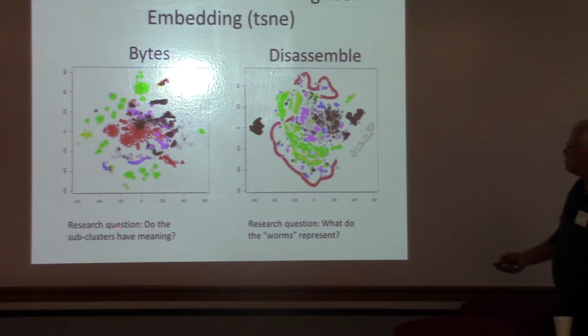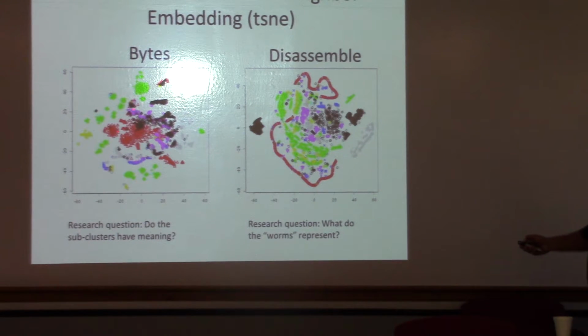So something to think about for a student is, do these subclusters mean anything, or is it an artifact of the way we're doing this display? Now look at the disassembly. Look at these things. That's my way of saying there are different kinds of groups, right? This little snake, this little worm, is a group.